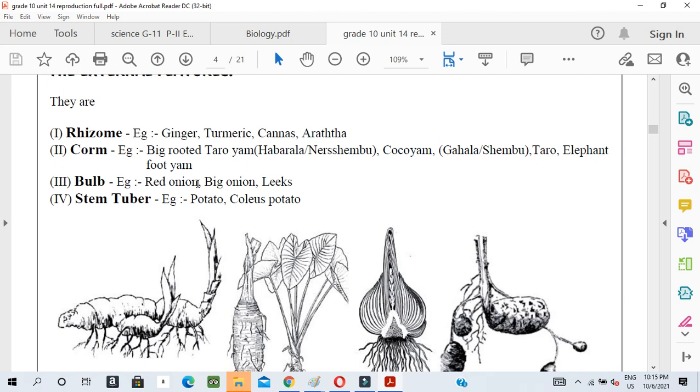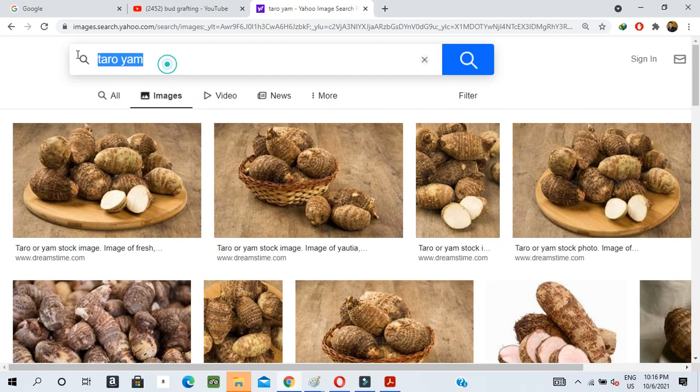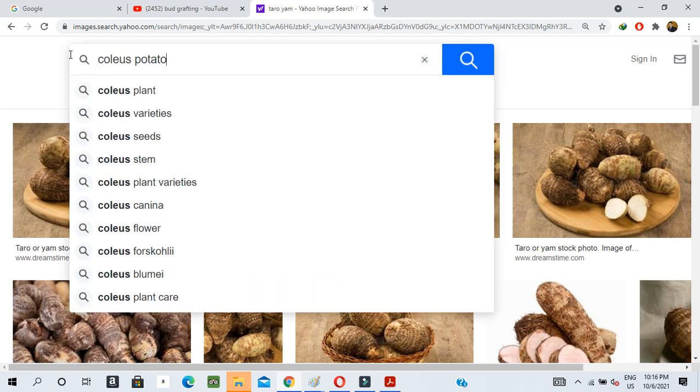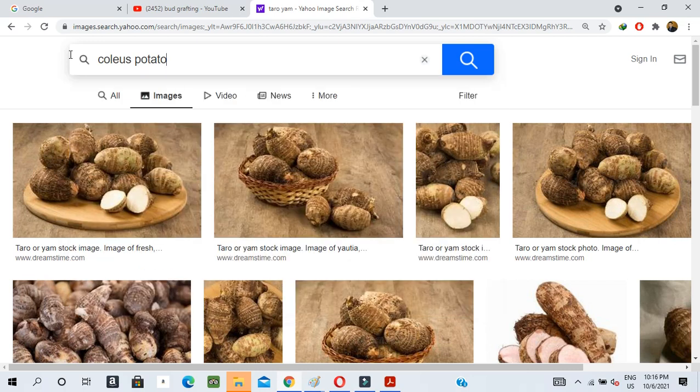The third type of underground stem is bulb. Red onion, big onion, and leeks are given to you as examples. And stem tuber is the fourth type of underground stem. The examples given to you are potato and coleus potato. I can try to show you coleus potato.